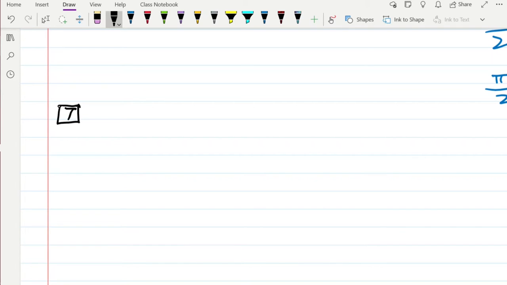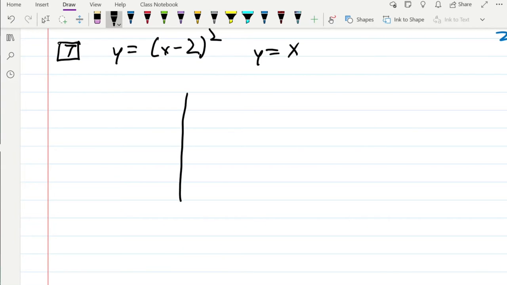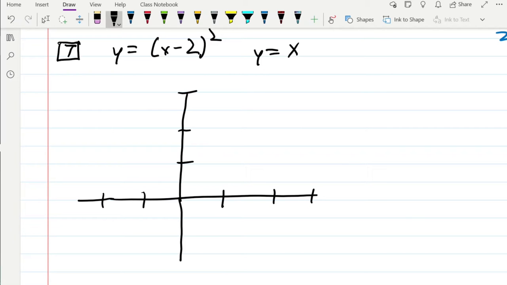So for number 7, we are going to have y equals x minus 2 squared, and then y equals x. All right, so let me just set up the ticks.